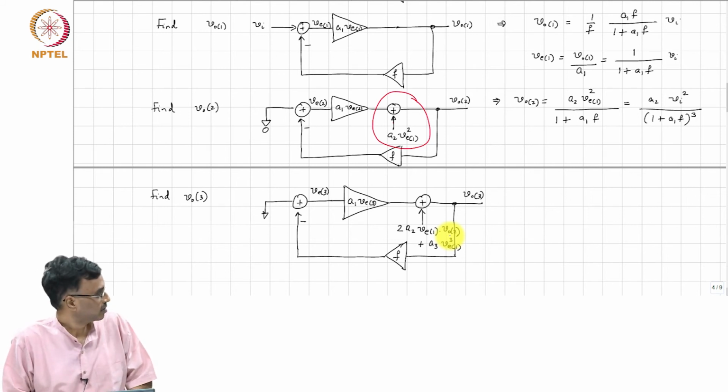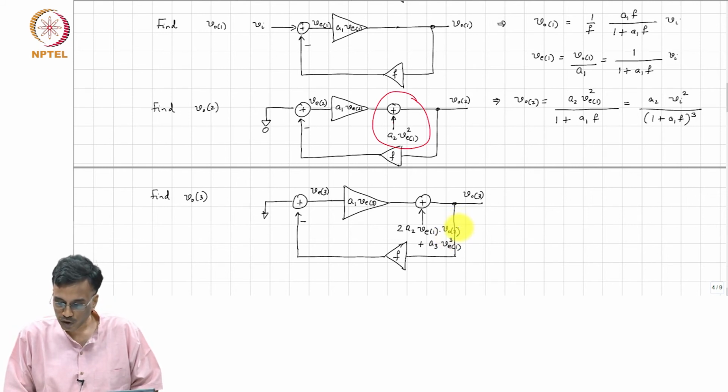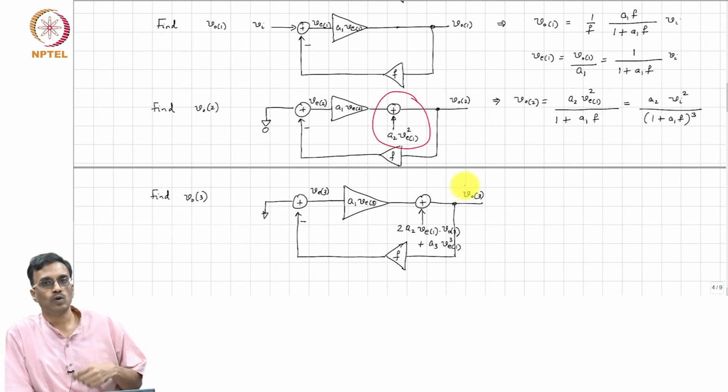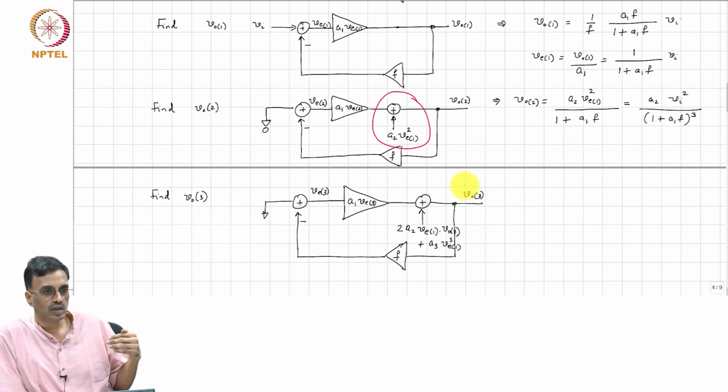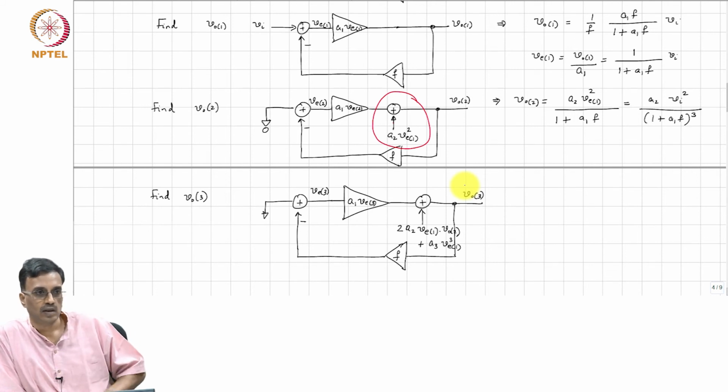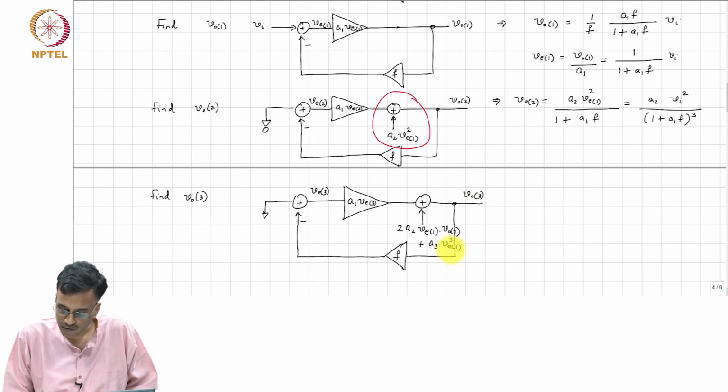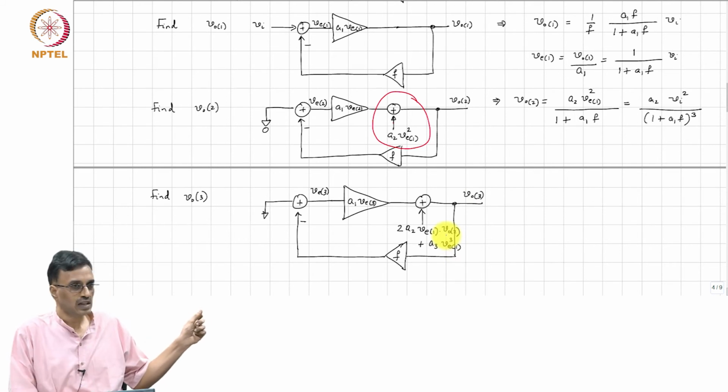All right. And the sanity check is that VO3 must go as the cube of the input. If you increase the input amplitude by a factor of 2, VO3 must go up by a factor of 8, correct. V error 1 is directly proportional to the input.